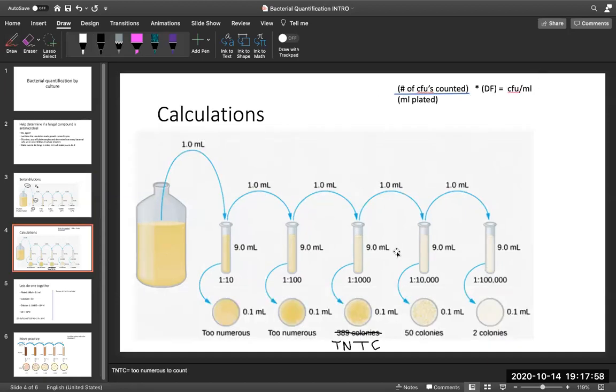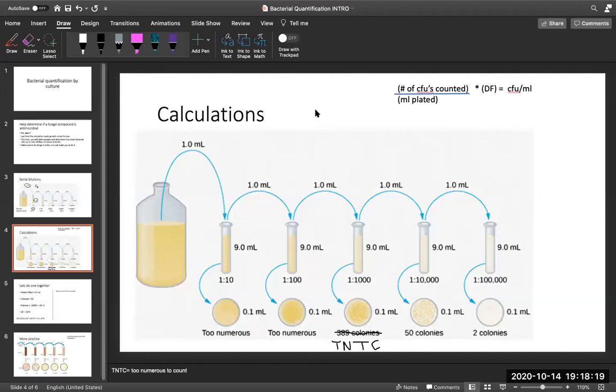And so when you plate those dilutions, you don't plate the whole 10 mils, that would just overflow your Petri plate. So instead, you take a portion, and in this case, and this is the same case in the simulation, you are plating 0.1 mils.